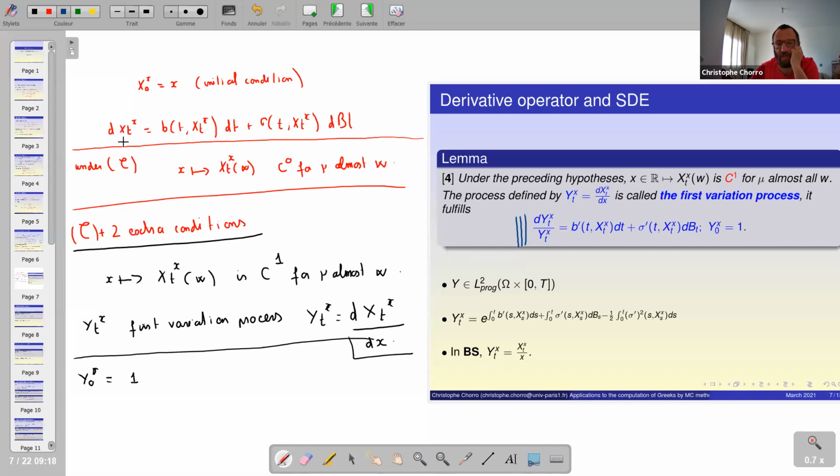If you compute the derivative with respect to x concerning this equation, and suppose that you have the right to do this brutally, then what will I obtain? So if I compute the derivative of this term, I will have dY.